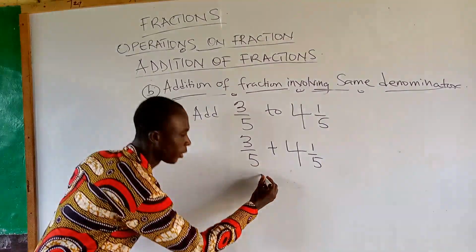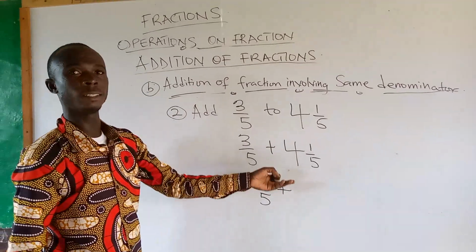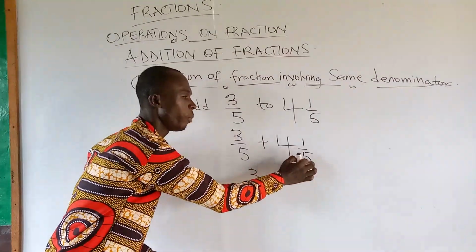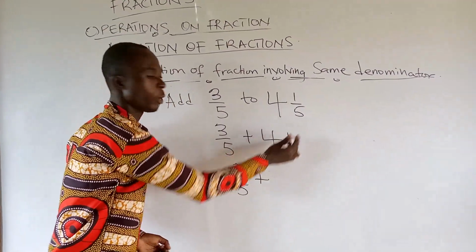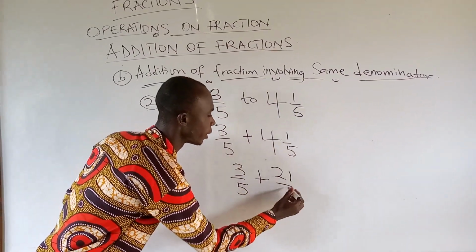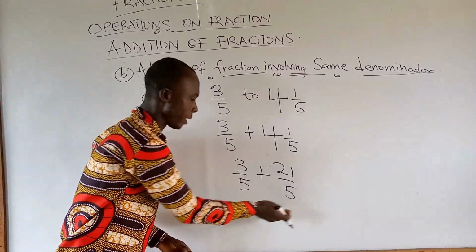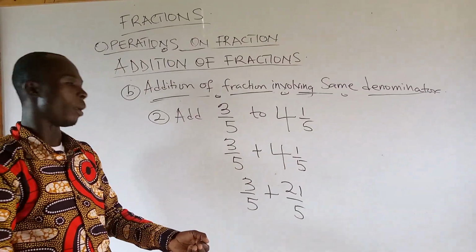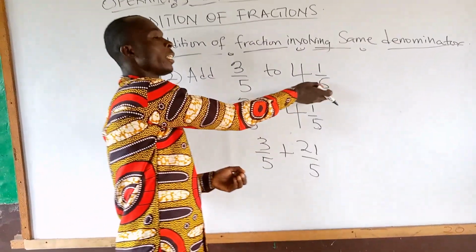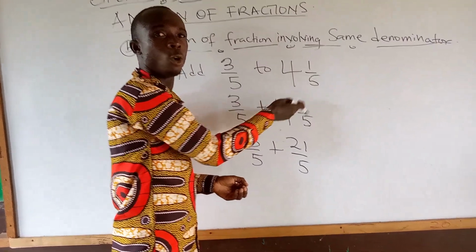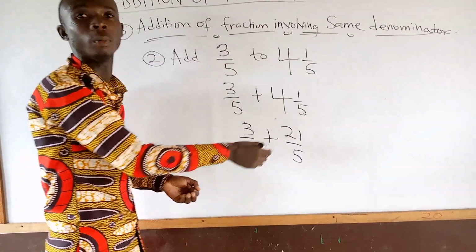So 3/5 plus, changing this one, you multiply 5 by 4, we are getting what? 20. 20 plus 1 is what? 21/5. Instead of them to give you the question as 3/5 plus 21/5, they gave you one mixed fraction. So you should change that mixed fraction to improper fraction.